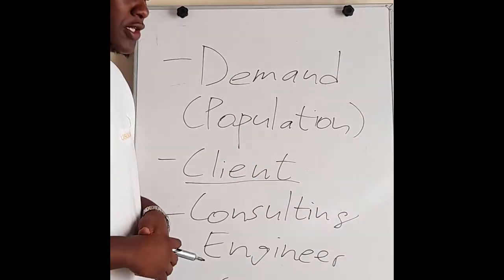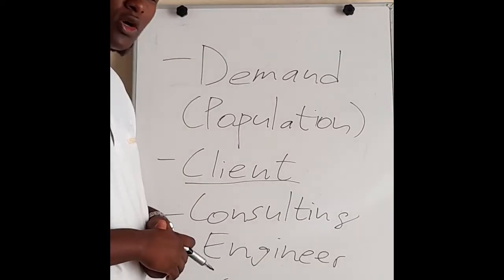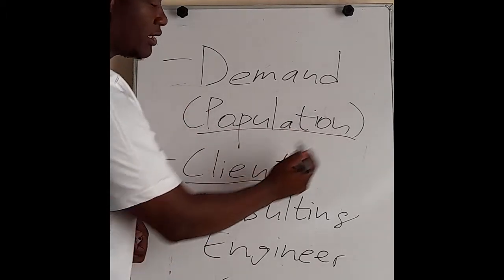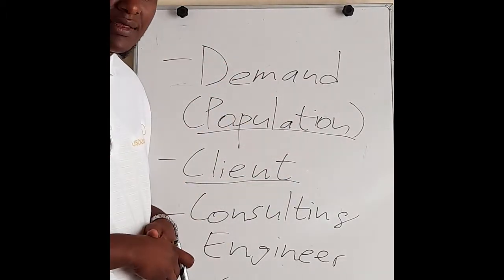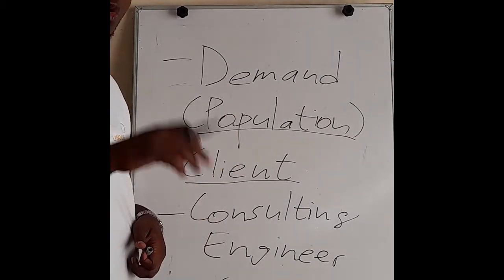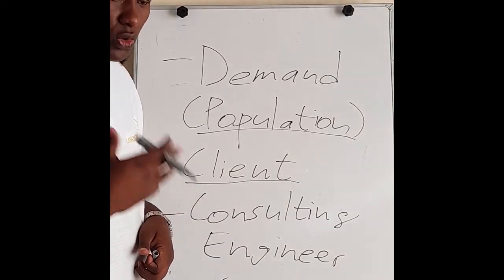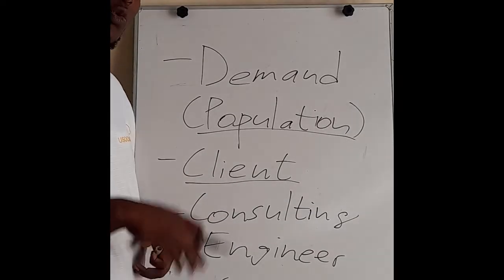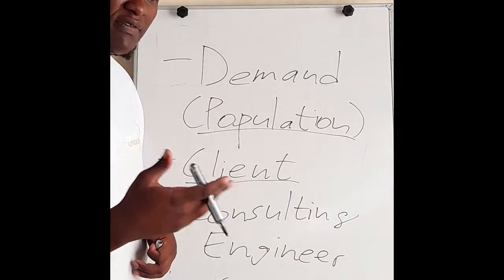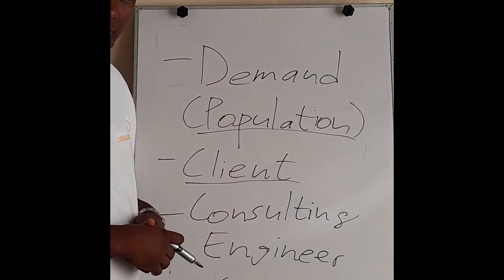So the consulting engineer will then go to census to find the population, how many people are actually in the community. You need that in order to go to a particular source, basically where you'll be getting your water from. An example will be a dam or a river, such things, whereby you'll be sourcing your water from.